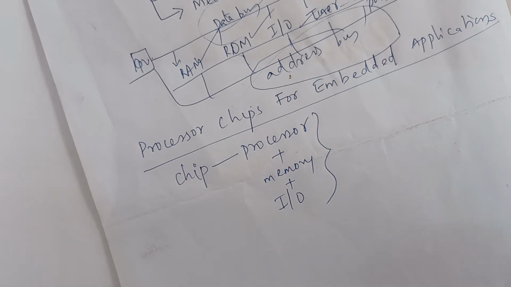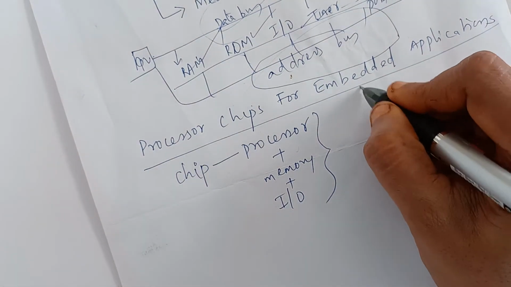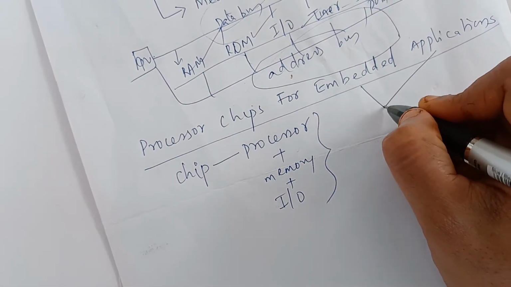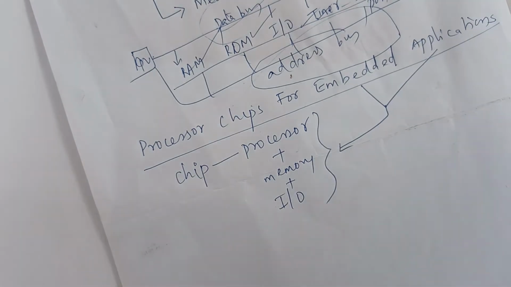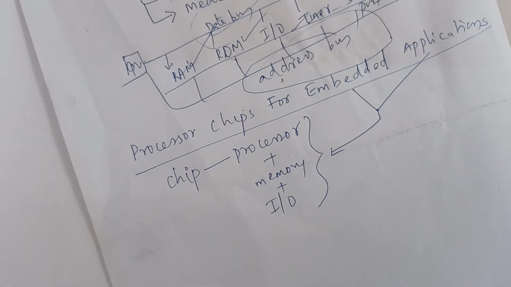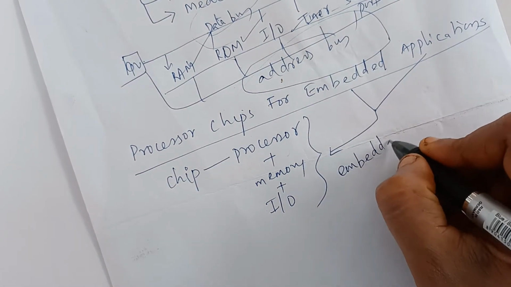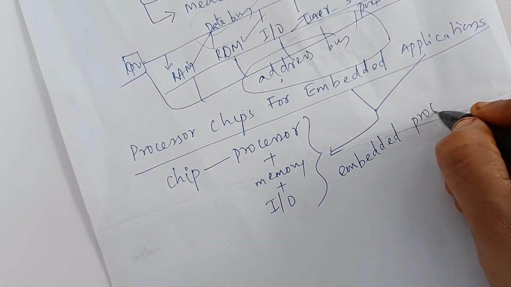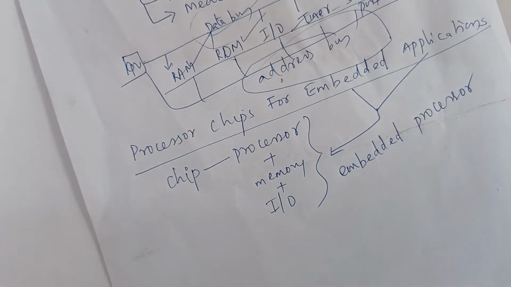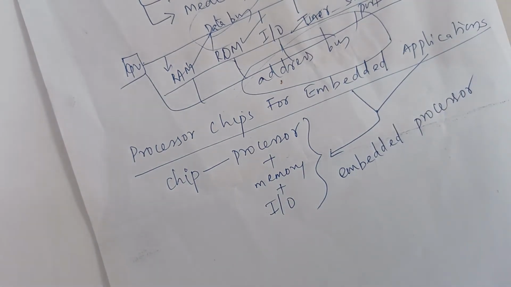These all things are needed for embedded applications, and we often call this an embedded processor. We know these chips will be performing some control functions in the applications, and these all things will be based on the microprocessor they are using.